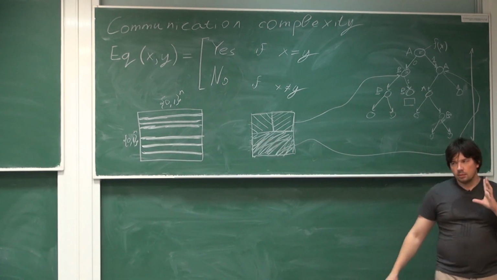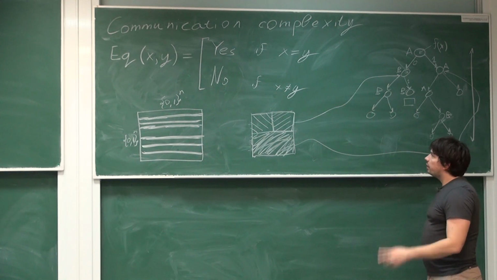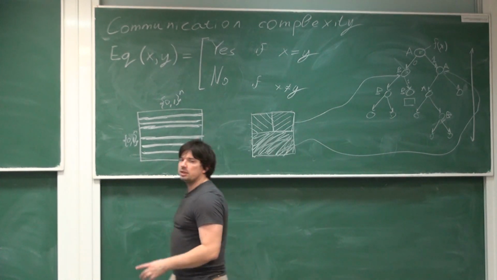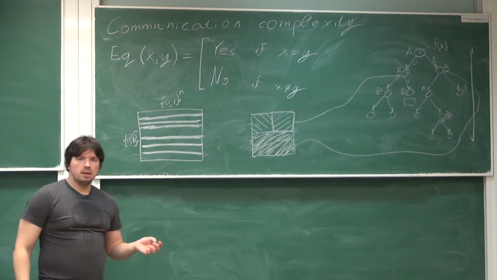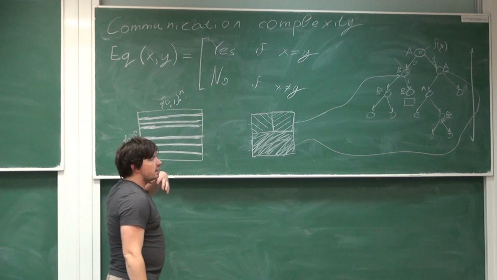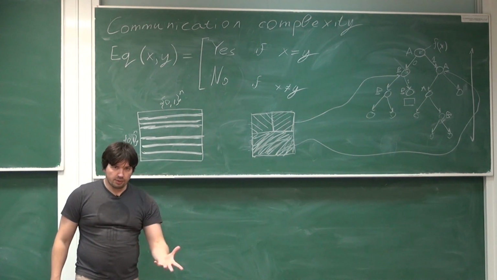So now the question is, can it be that equality can be solved by some efficient protocol? Can it be that there is a protocol that is even a little bit more efficient than this trivial one of sending everything?